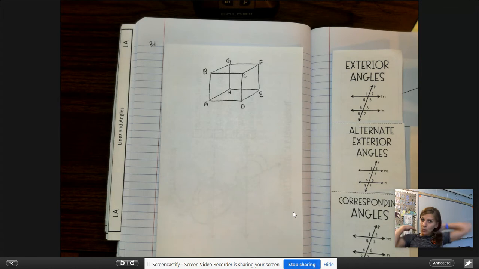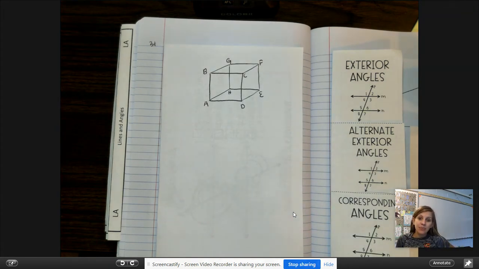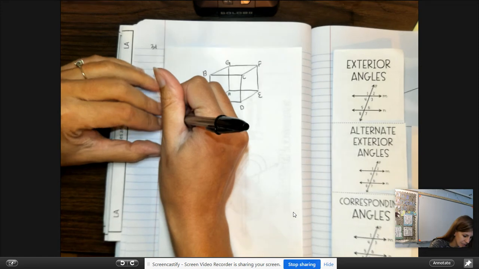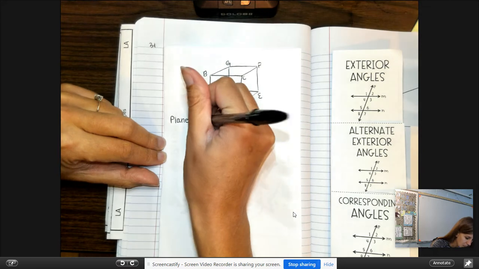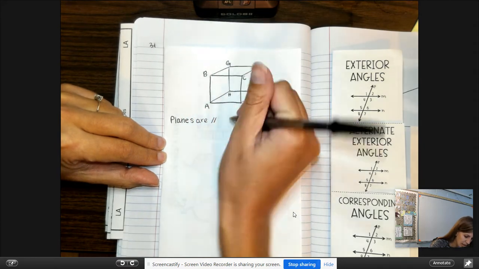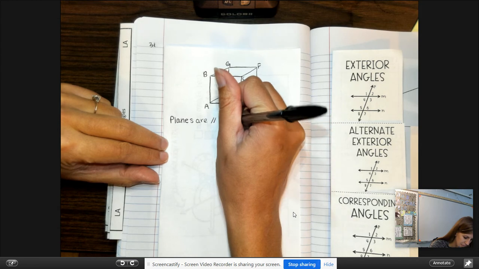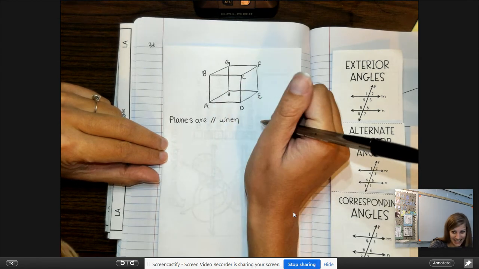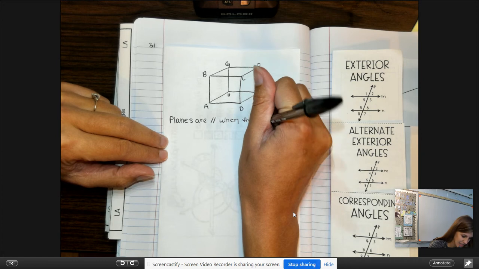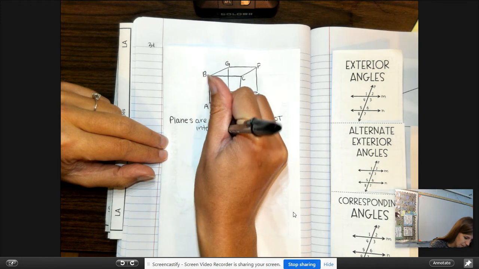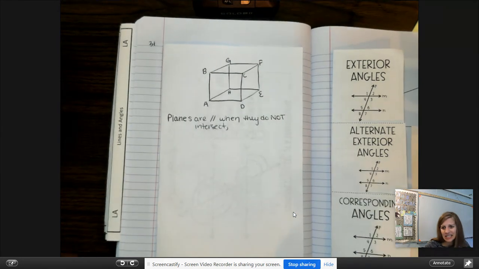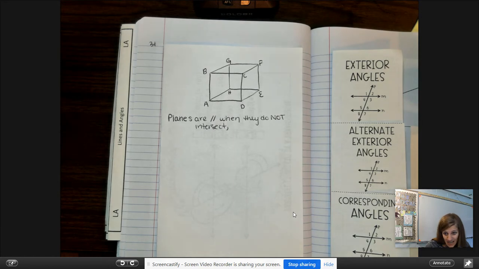Super. So when I have a plane like this, we can also have things that are parallel or perpendicular or neither. Okay, so in this plane here, we could say that planes are parallel when they don't intersect each other, but are also going in the same direction.